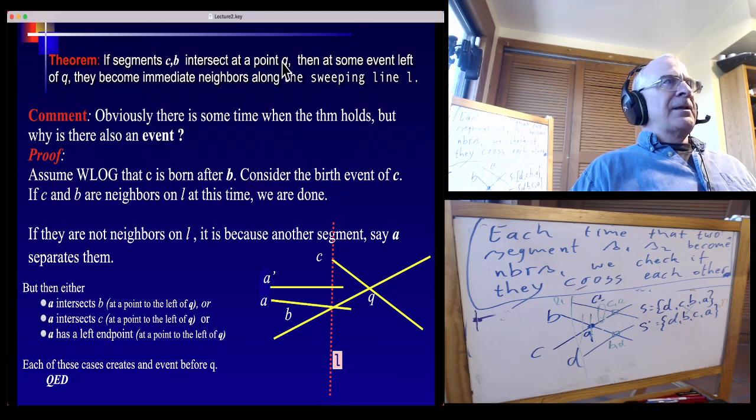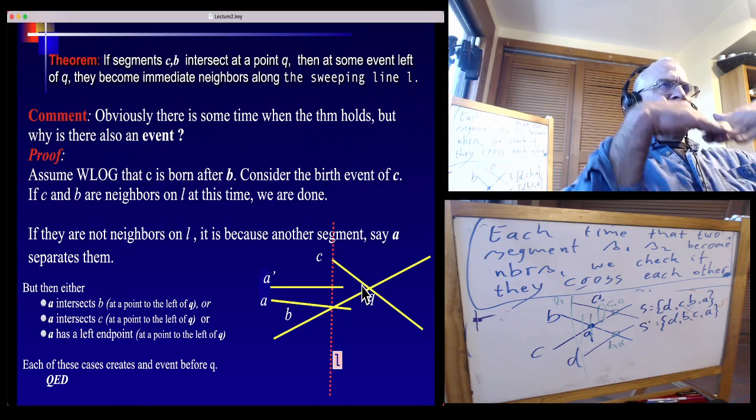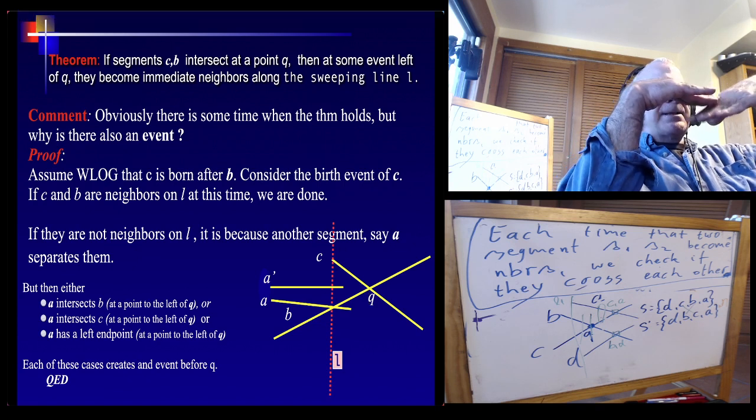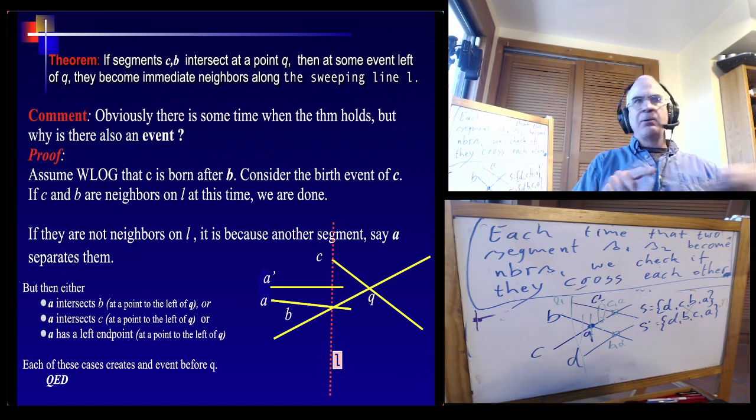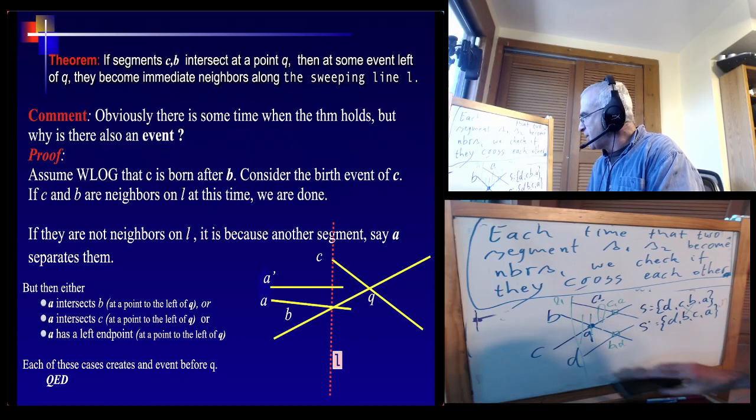If they intersect at a point Q, then of course, because both of them are non-vertical, they must be alive slightly before Q. Remember, general position also means that one is not born at the intersection point. Another way where we are using the general position assumption.